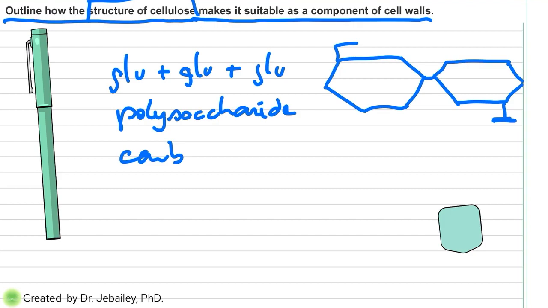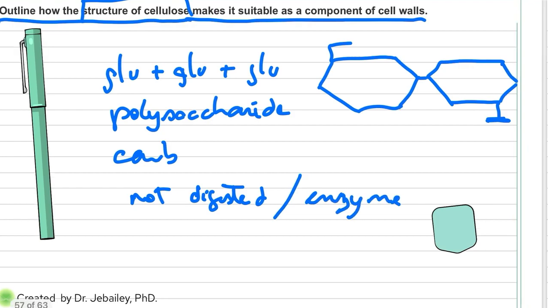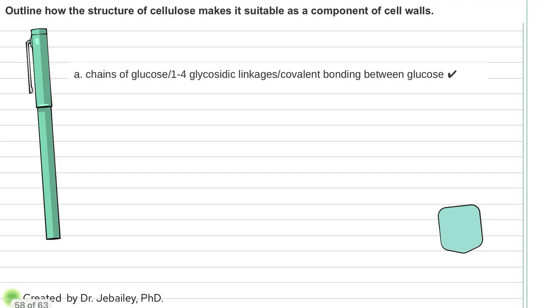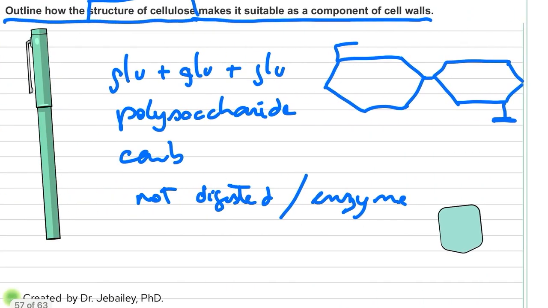And of course, you can say cellulose is not digested by us. Why is it not digested by us? Because we do not have the enzyme to break cellulose. We don't have cellulase. So let's look at examples. It has a chain of 1,4-glycosidic linkages. Now, that's because, again, as I look back here, the carbon 1 is connecting to the carbon 4.